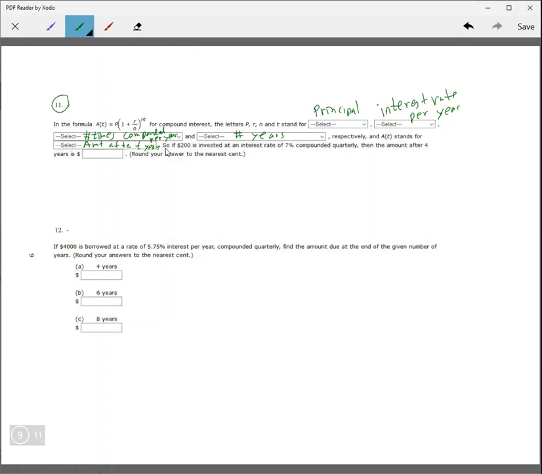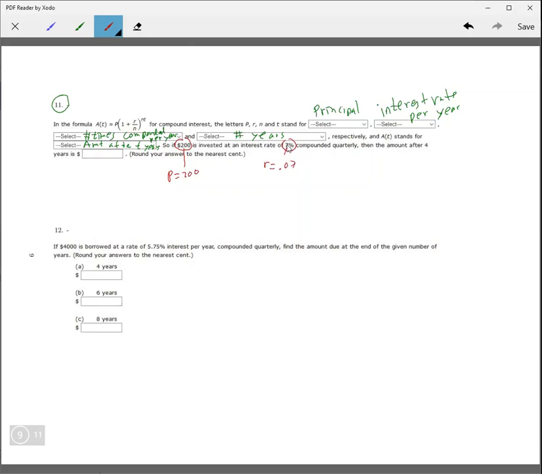Okay, so then they give you an example. So if $200 is invested at an interest rate of 7% compounded quarterly, then the amount after 2 years is blank. Okay, so this right here is how much is invested. That's our P. P is 200. Okay, interest rate is 7%. R will be 0.07.